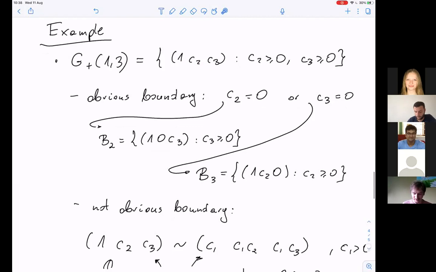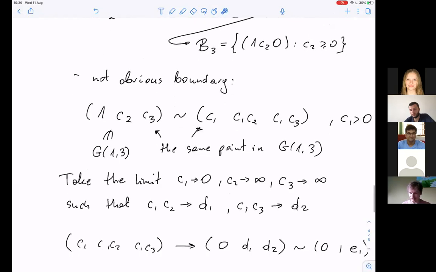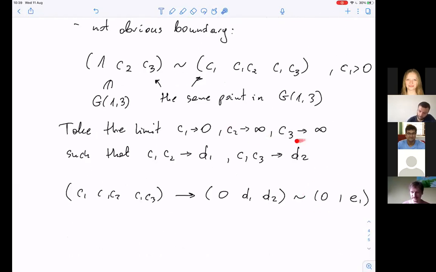But if you look at these two boundaries, it's natural that there should be a third one as well. Here the 0 is at the second position, here the 0 is at the third position, but because the Grassmannian is a cyclic object, there should also be a boundary where the 0 is at the first position. It's just we cannot access it using this particular patch of the Grassmannian. But we can find it if you take the C's in this particular patch to infinity. So that's the third boundary.